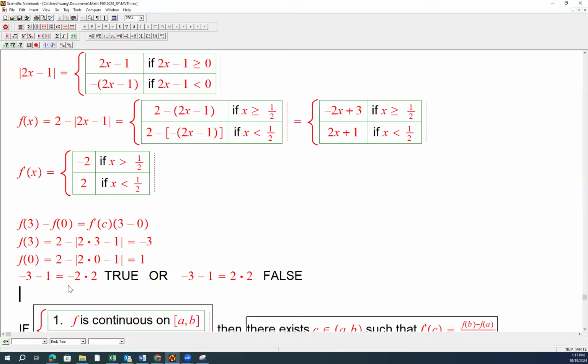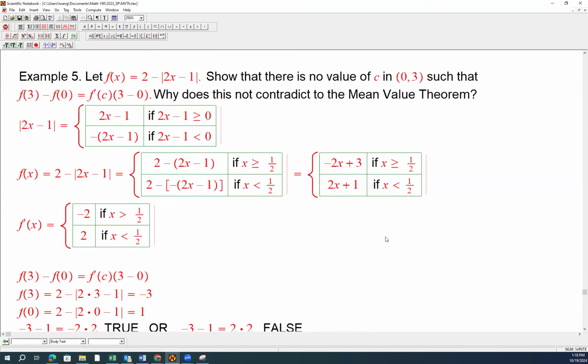And what is the value of C there? It looks like if we plug in negative 2, C could possibly be between half and 3. There's a lot of uncertainty here, but mainly in this case, you can't even apply the mean value theorem.